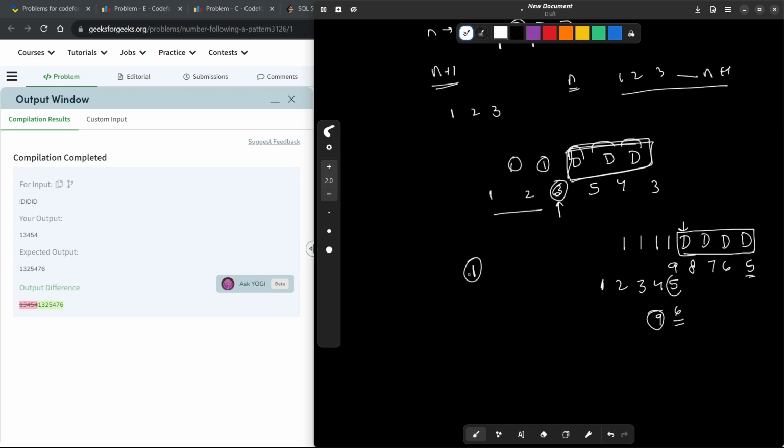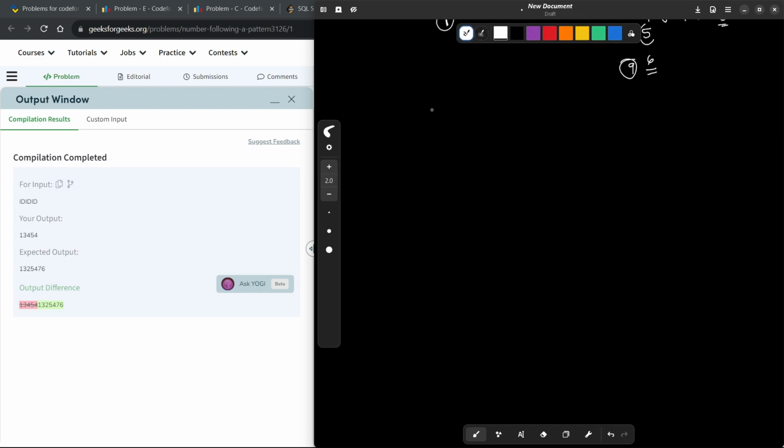Okay, so we have I D I T I T, and we initially have 1, so it becomes 2 here after this particular step, and since we have a D, we make it to 3. And 2 should be here, right?